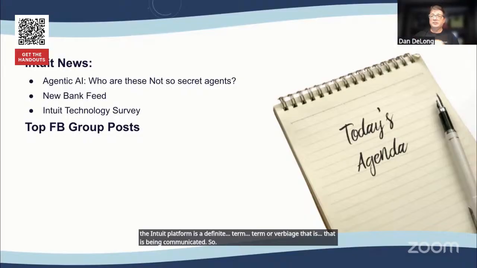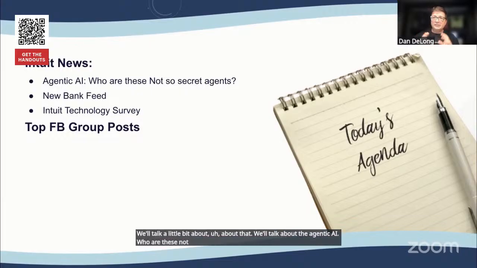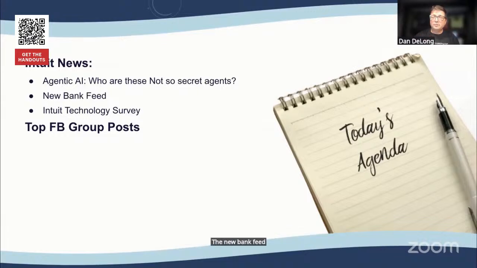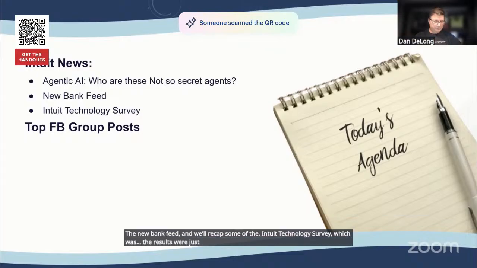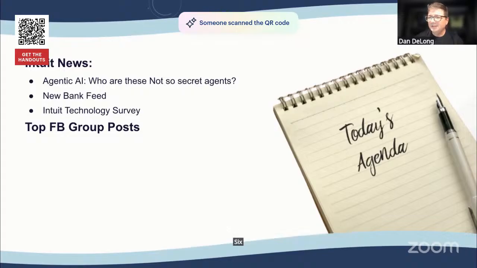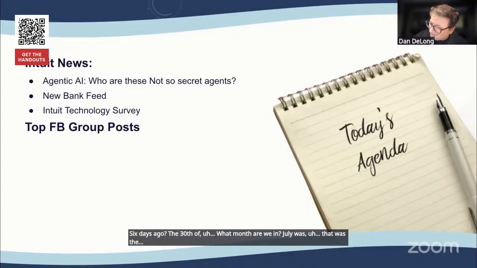So we'll talk a little bit about that. We'll talk about the agentic AI. Who are these not so secret agents in my QuickBooks now? The new bank feed, and we'll recap some of the Intuit technology survey, whose results were just announced 6 days ago, on the 30th of July. And if time permits, we'll talk about some Facebook posts.